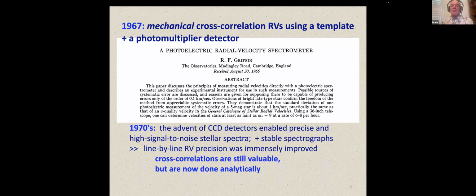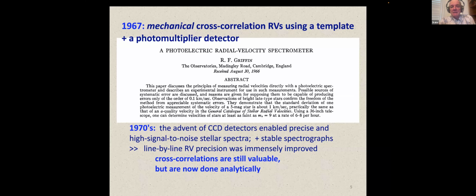The precision was still 1 kilometer per second, limited by things like flexure in the spectrograph and other effects like that. But it was much more sensitive. So for me it was the first cross-correlation radial velocity spectroscopy, and it extended to fainter stars.